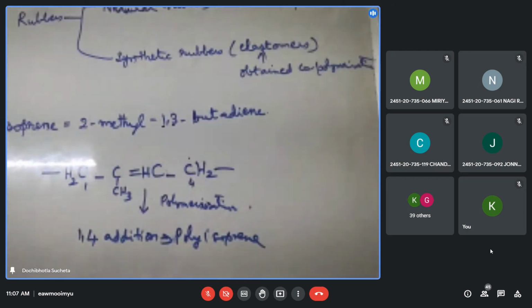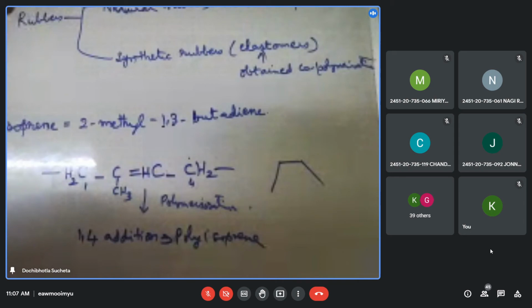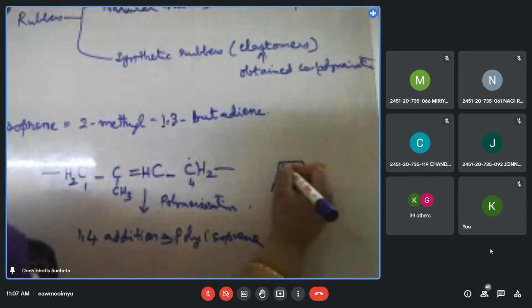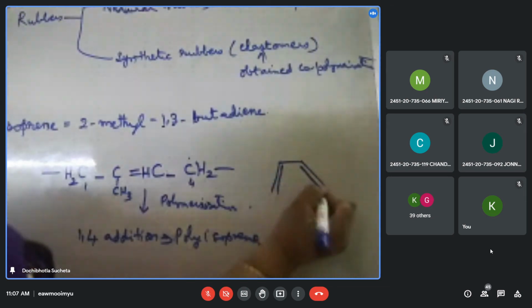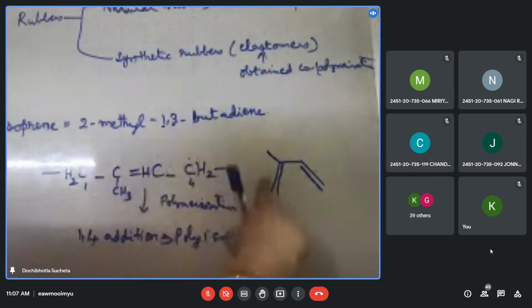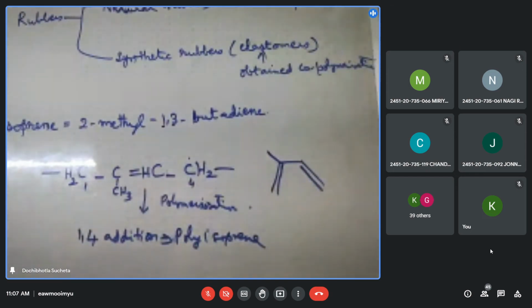Now how they will represent this? Easy representation is like this: 1, 2, 3, 4 carbons. One double bond here, one double bond here. That is 2-methyl-1,3-butadiene.